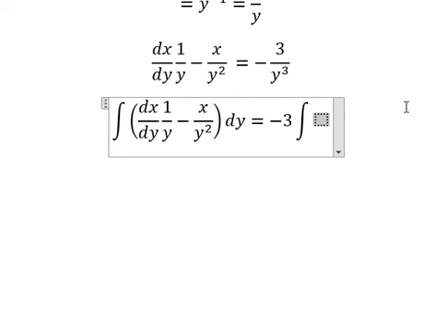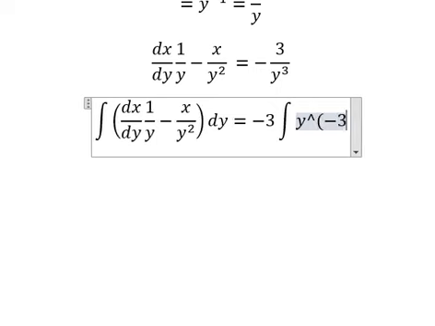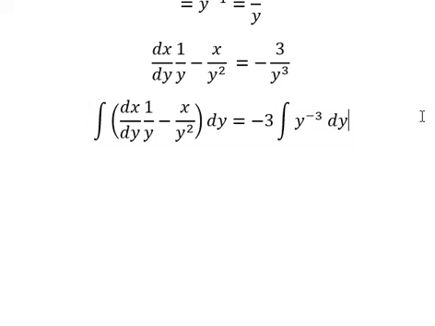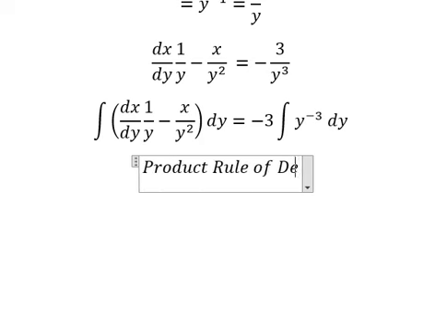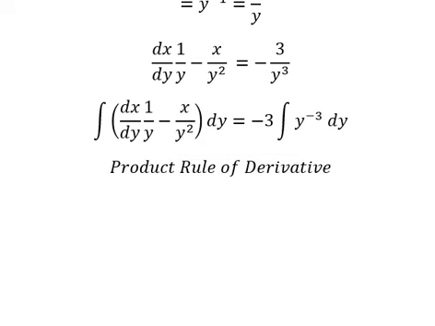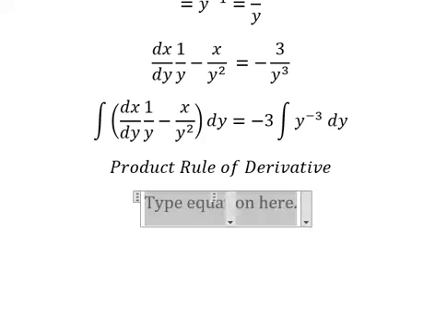For this one, we can put like this. Next, we can use the product rule of the derivative. So that should be like this.